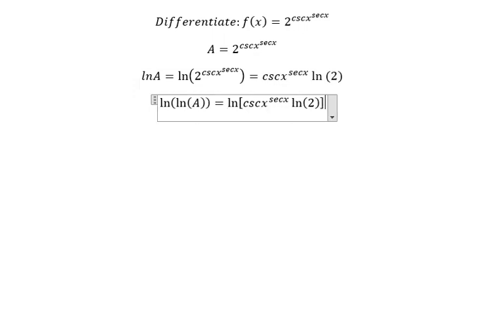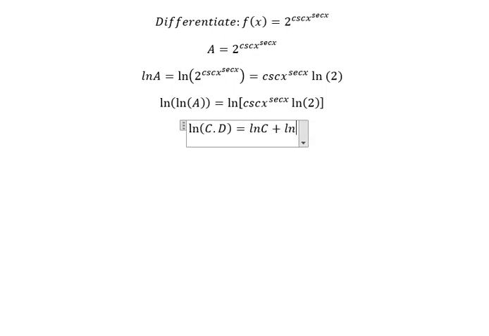Next, we do the same technique. We put ln again. And now we just have this one. So we have the formula that ln c multiplied with d is equal to ln c plus ln d.